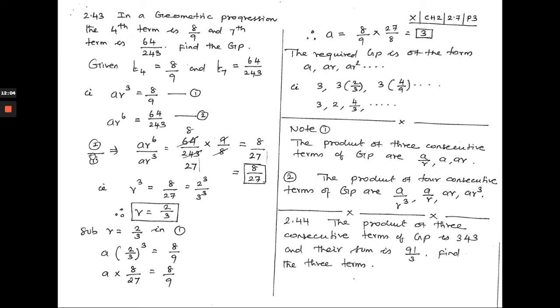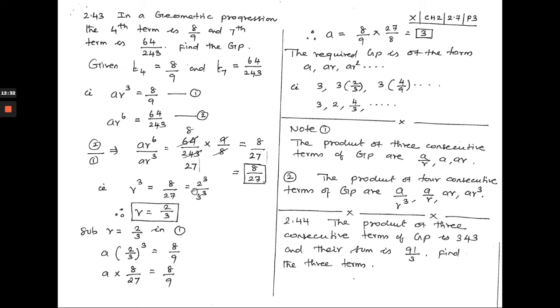The second equation is a r power 6, the first equation is a r power 3. a and a cancel. r power 6 divided by r power 3 is r power 3, which equals 64 divided by 243 by 8 by 9. That is 8 by 27. So r power 3 is equal to 8 by 27.